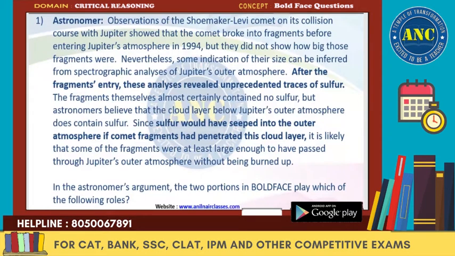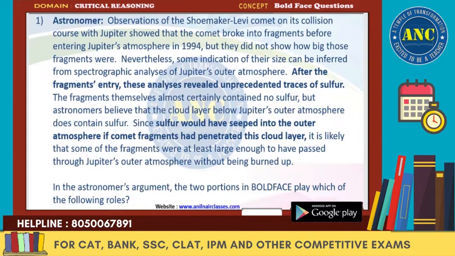Astronomer. Observations of the Shoemaker-Levy comet on its collision course with Jupiter showed that the comet broke into fragments before entering Jupiter's atmosphere in 1994, but they did not show how big those fragments were. Nevertheless, some indication of their size can be inferred from spectrographic analysis of Jupiter's outer atmosphere. After the fragment's entry, these analyses revealed unprecedented traces of sulfur.